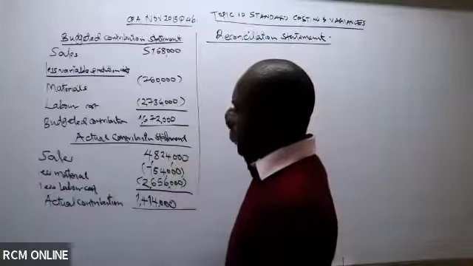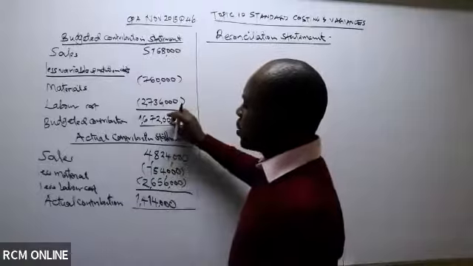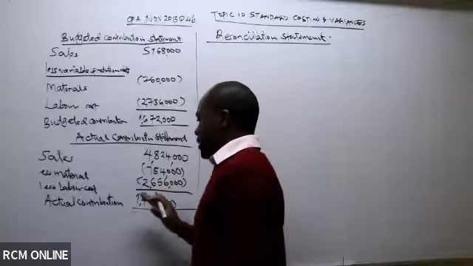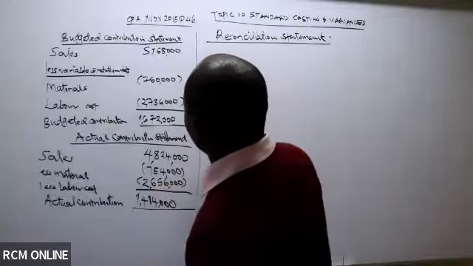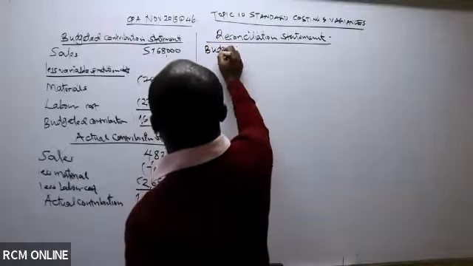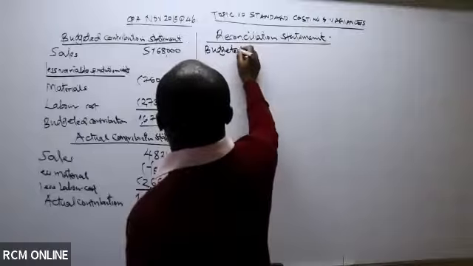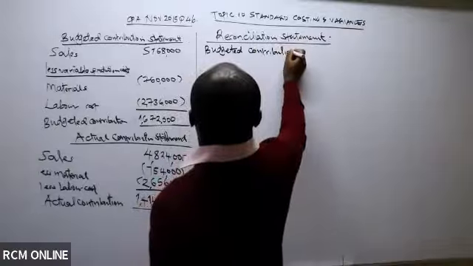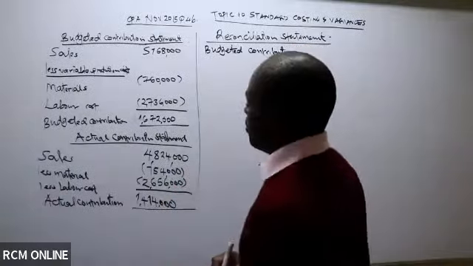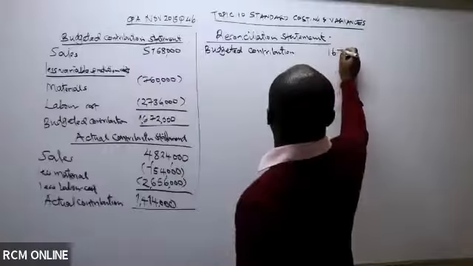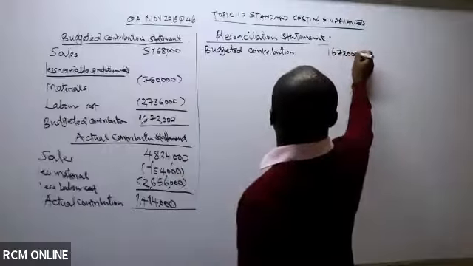So we come up with the budgeted contribution and look at the things that affected it to give us a lesser actual contribution. So we start with budgeted contribution, which is 16,72,000.